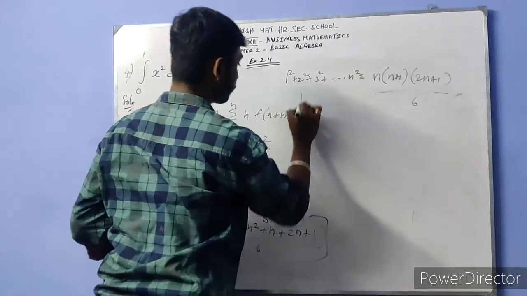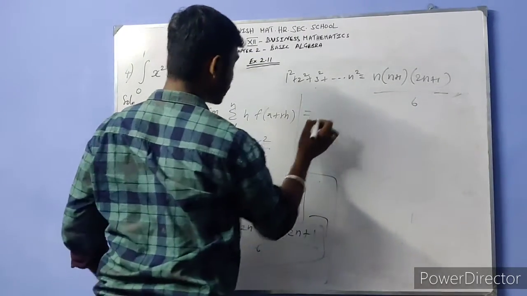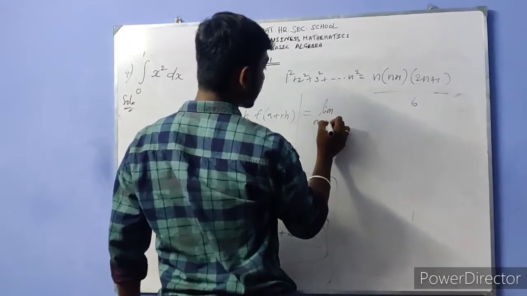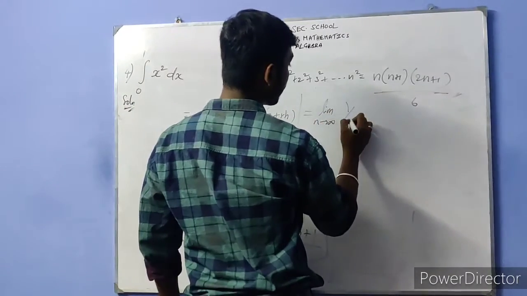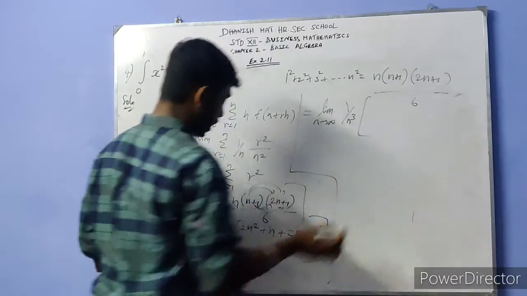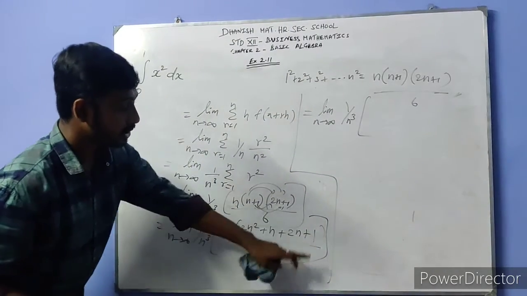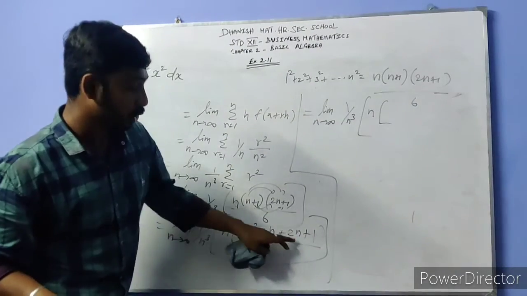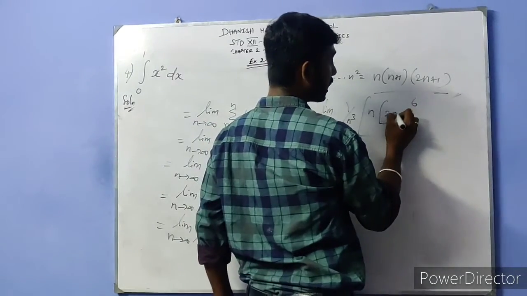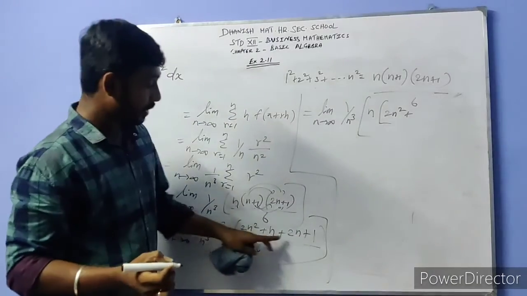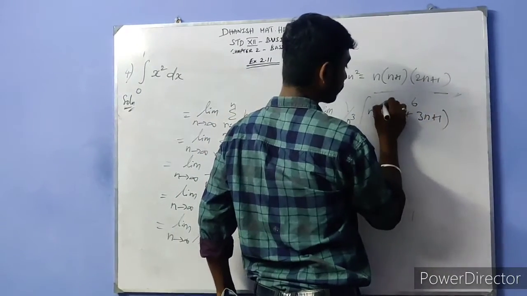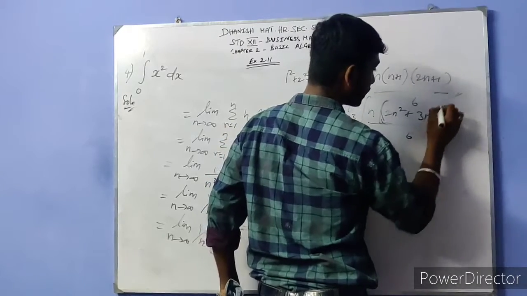Then limit n tends to infinity, 1 divided by n cube. First we have to add the n and 2n values. What remains is 2n square plus 3n plus 1, whole divided by 6.